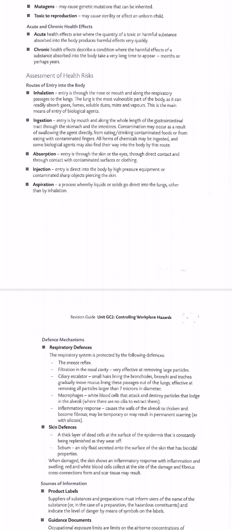The respiratory system is protected by the following defenses: the sneezing reflex when you sneeze, then filtration in the nasal cavity, very effective at removing large particles, then a cilia escalator, the small hair lining of the bronchi and the trachea, with a muscular lining. This passage moves particles out of the lungs, effectively removing all particles larger than 7 microns in diameter.